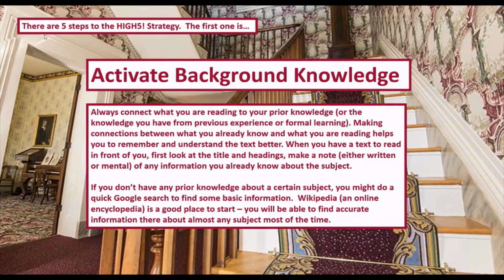Wikipedia is not something we usually use when we research because it's more general information, and encyclopedias are not used during research, but they're a great place to activate background knowledge and to find some general information about things. Wikipedia in particular is a great place to just explore.